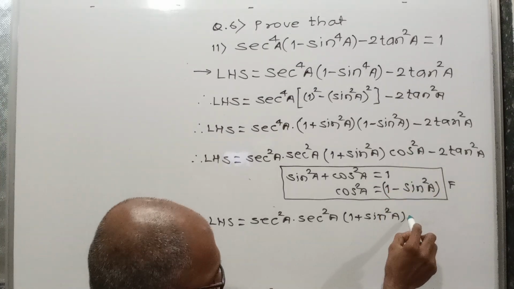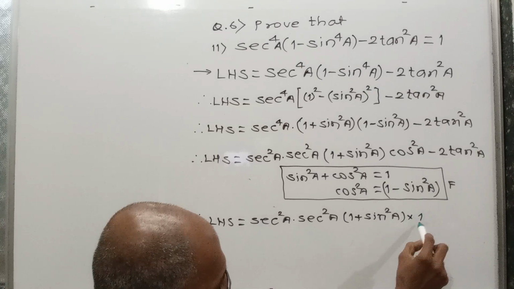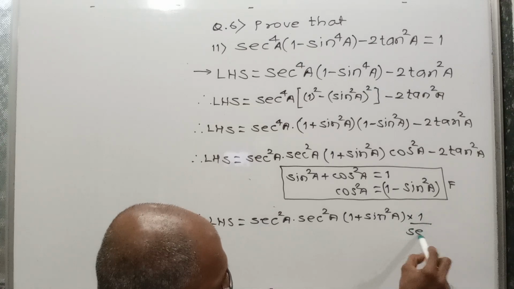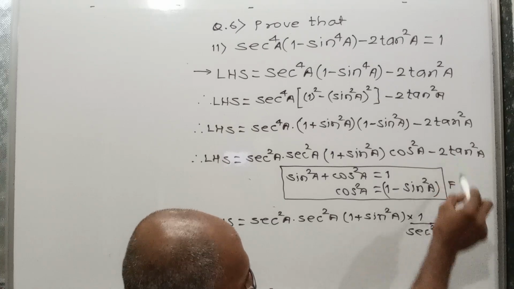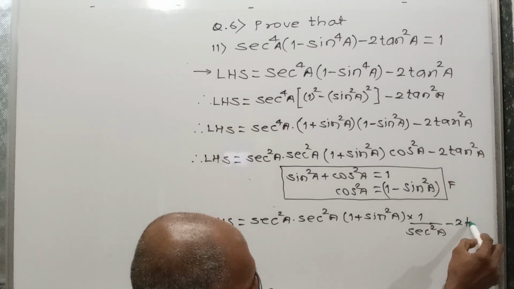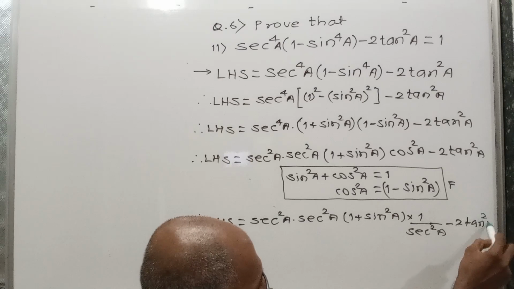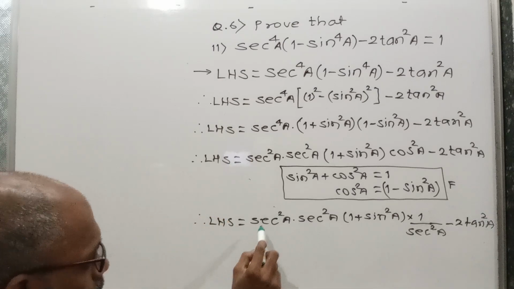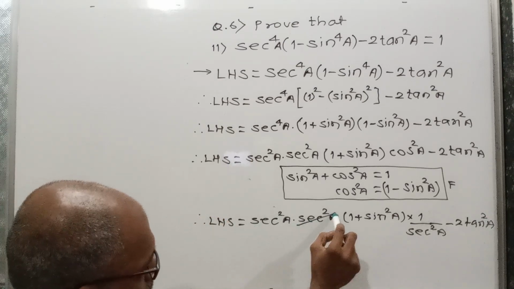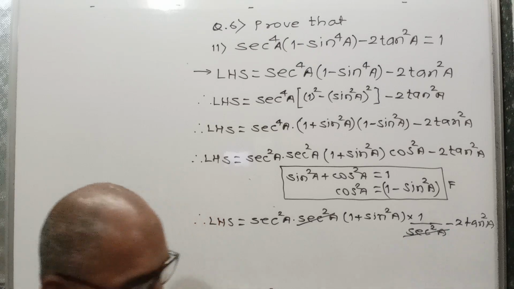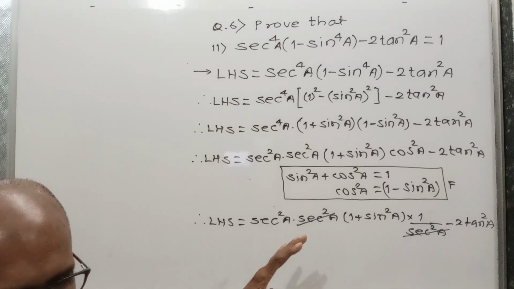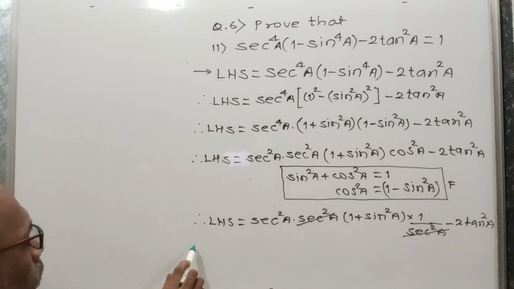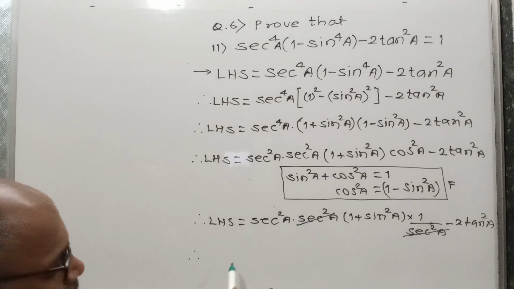When squared, we write 1 upon sec² a, minus 2 tan² a. Now this sec² a and this sec² a, numerator and denominator, cancel. Then see what is left.